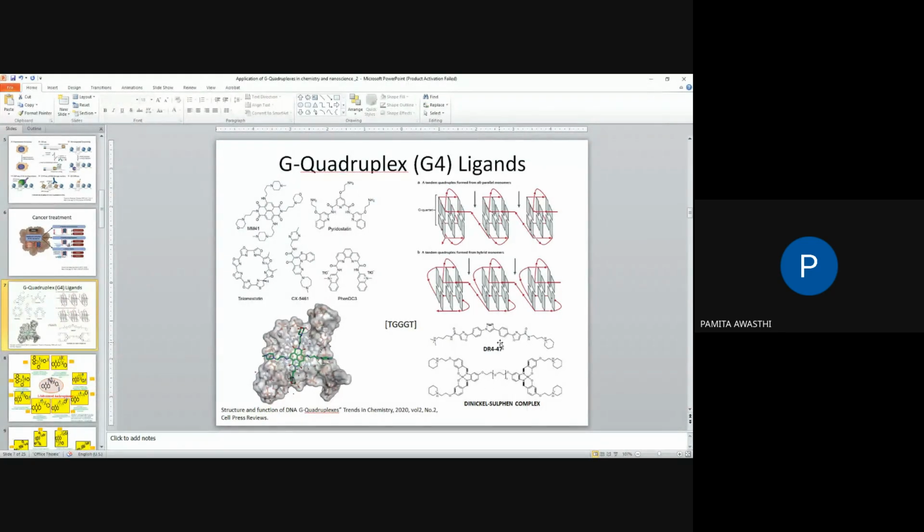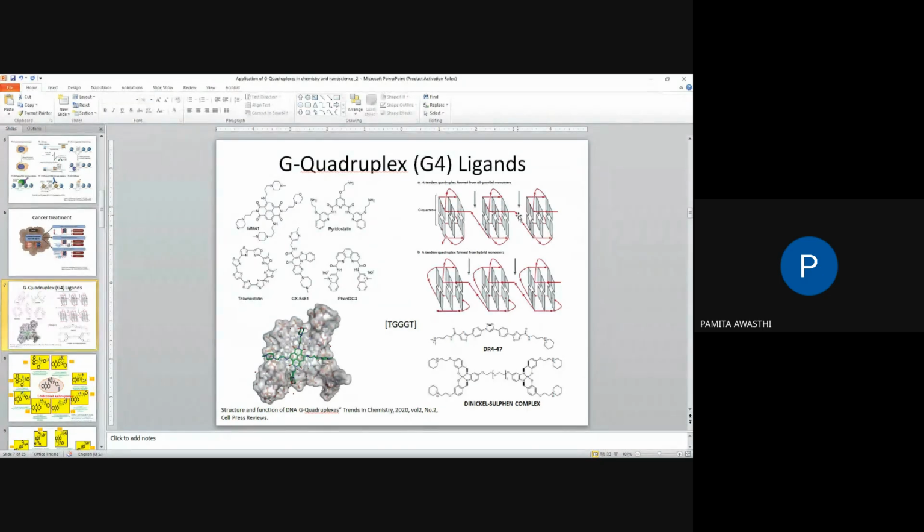Similarly, if you compare this type of dinickel sulfene complex, they will show 34-fold or 30-fold greater affinity for a dimer kind of quadruplex in comparison to the monomer type of quadruplex.